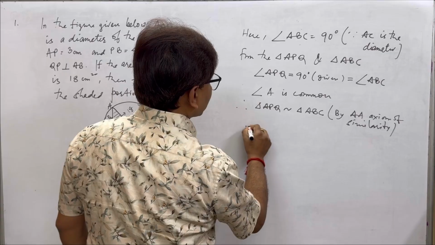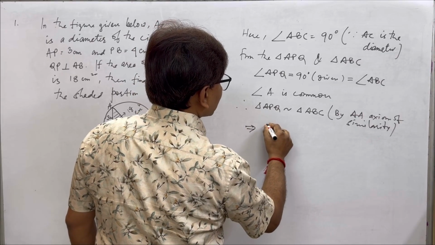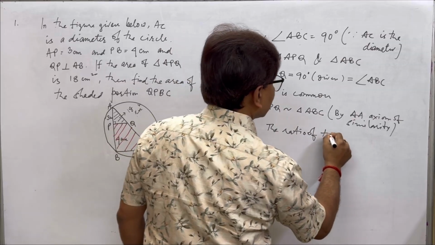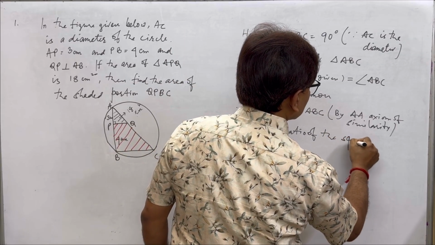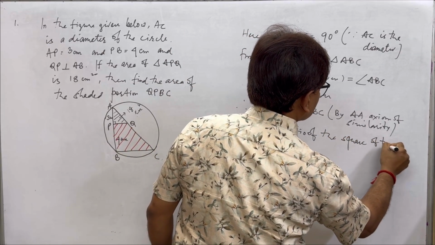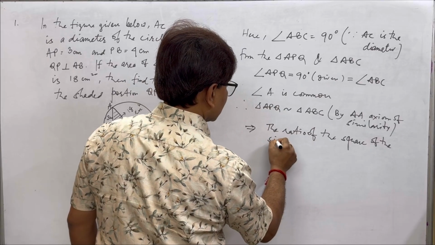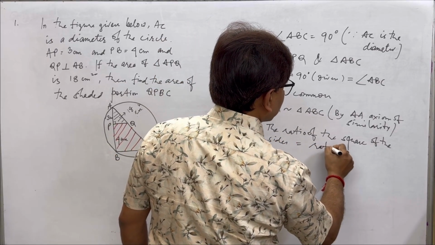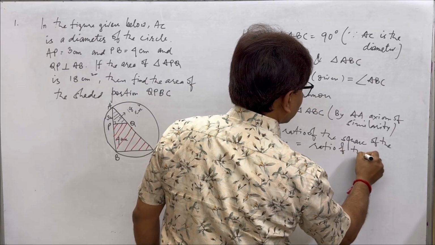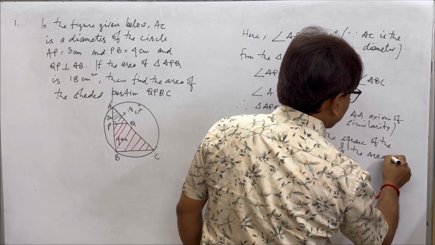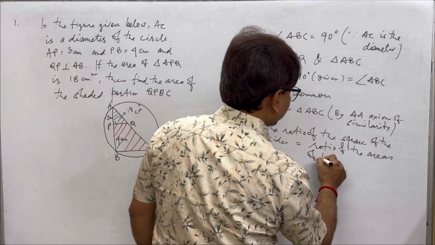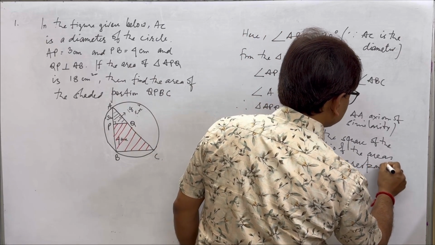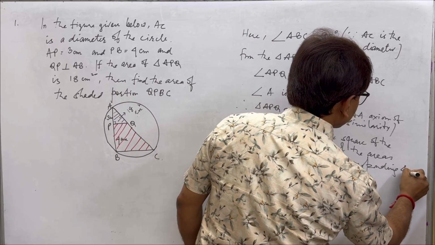Therefore the ratio of the squares of the sides equals the ratio of the areas of the corresponding triangles.